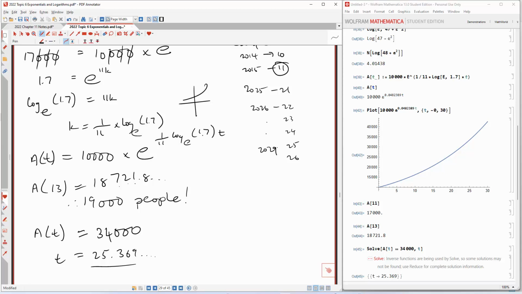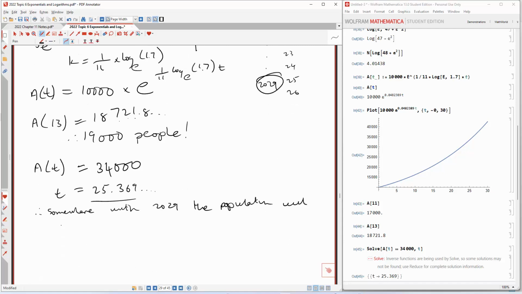So 25. It's somewhere within the year 2029. So somewhere within 2029, the population will reach 34,000 people.